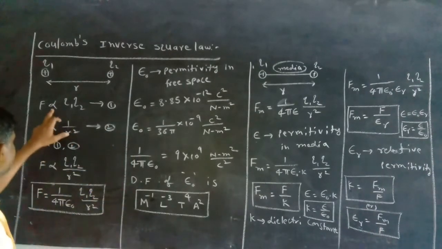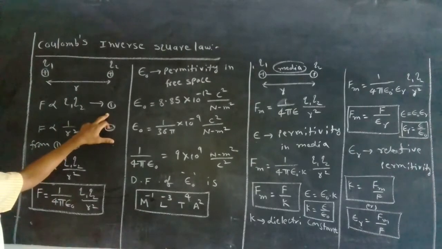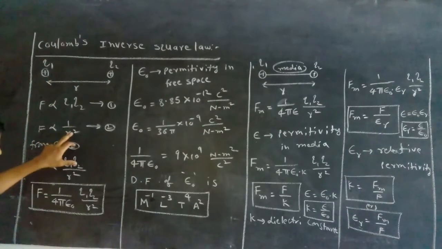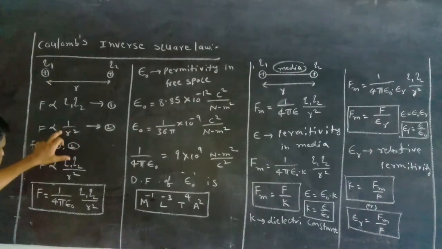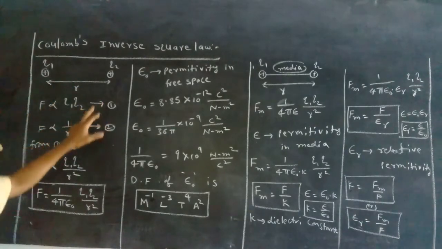That is mathematically expressed as Q1 Q2. Let us take this as the first point. Now the second point: the force between the two charges is inversely proportional to the square of the distance between them.